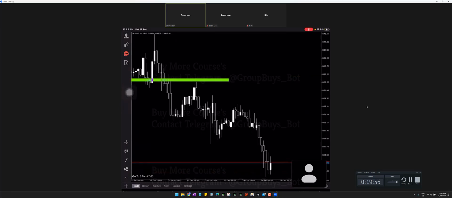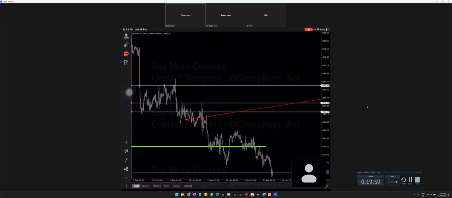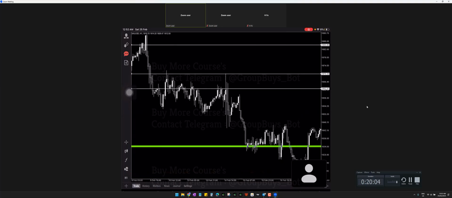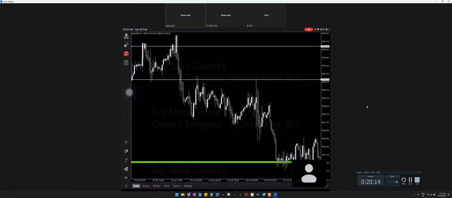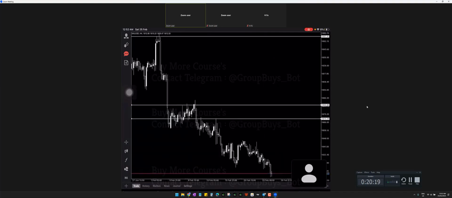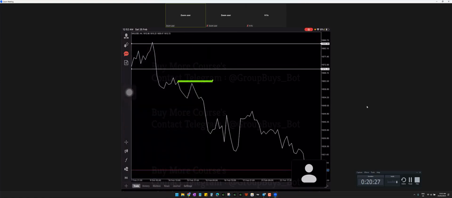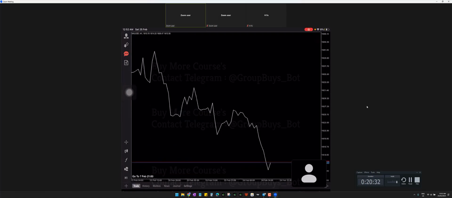Go to H1. So where do you look when putting that line? The H4 breakout first. Okay, wait. I put the line chart. You see the breakout? And then I process it.